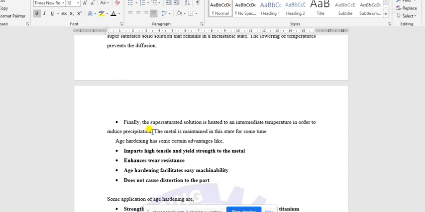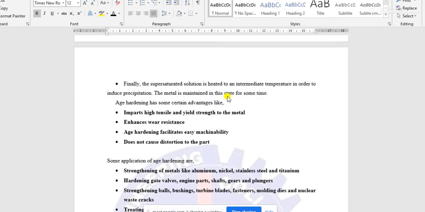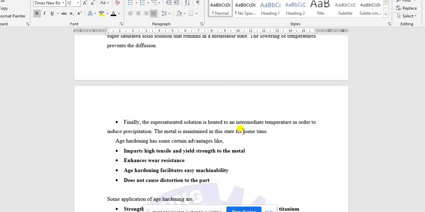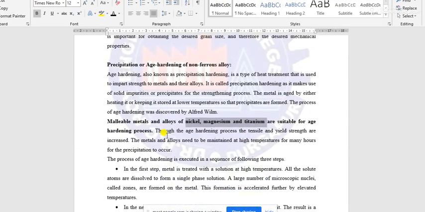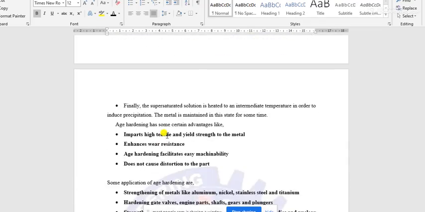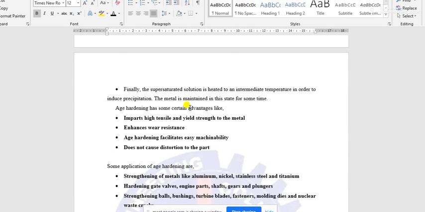And that solid metal which we have got after heating at some intermediate temperature is actually age hardened or precipitation hardened metal. By this age hardening or precipitation hardening, we can impart all these desired properties into the metal. We have discussed these points earlier.